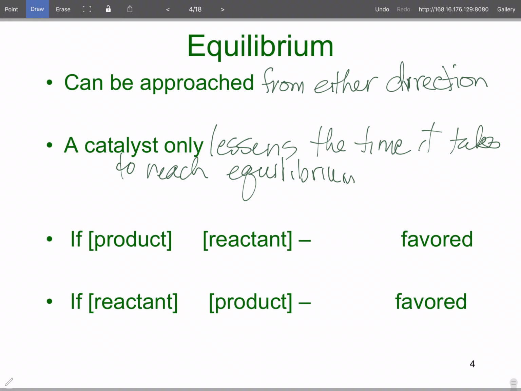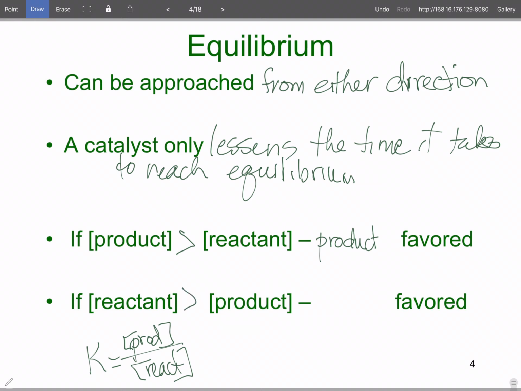So remember, K is equal to products over reactants. More about the specifics of that, but that's a generality. So if you have more product than reactant, we say it is product favored. And if you look at the K, then the K will be really large because your product is the greatest. If the reactant is greater than the product, that means the larger numbers in the bottom will be reactant favored, and the value will be really small.